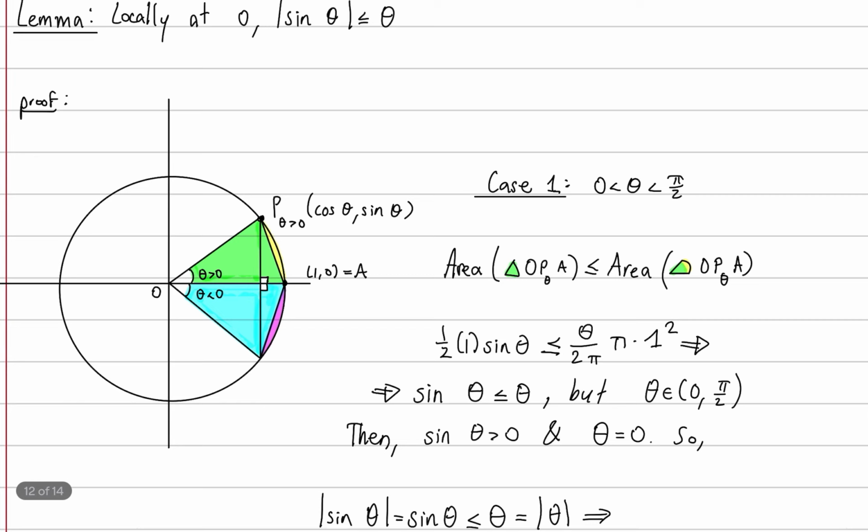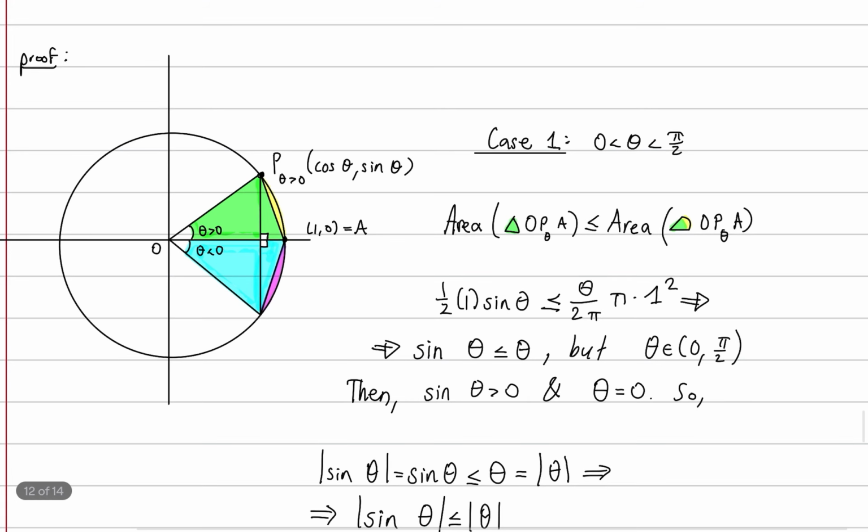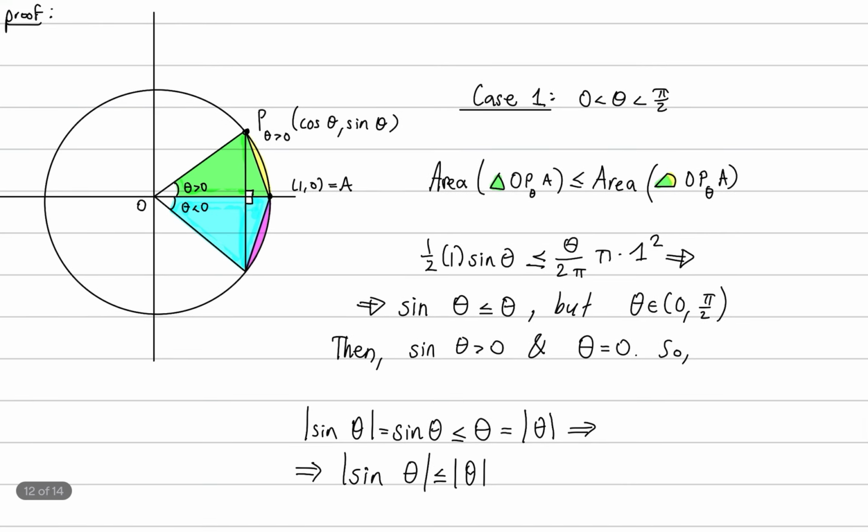The area of the triangle is 1/2 times 1 times sine theta, since sine theta is the altitude; we're just using the 1/2 base times height formula. That's less than or equal to the area of the sector, which is theta over 2 pi times pi r squared, which is 1 squared. And we'll get from that that sine of theta is less than or equal to theta, but recall that theta is in the interval 0 to pi over 2.